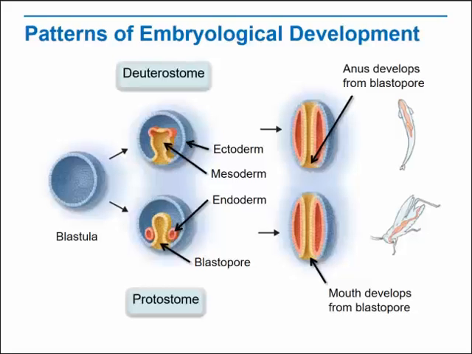In phyla that are deuterostomes, the blastopore becomes the anus and the mouth is formed from the second opening that develops. Chordates and echinoderms are deuterostomes. This similarity in development is one of several characteristics that indicate that echinoderms are closely related to chordates.